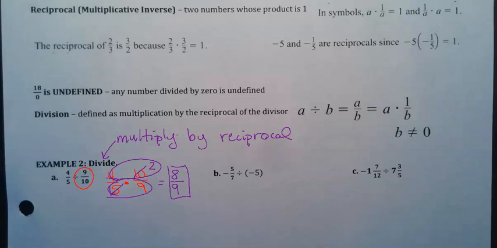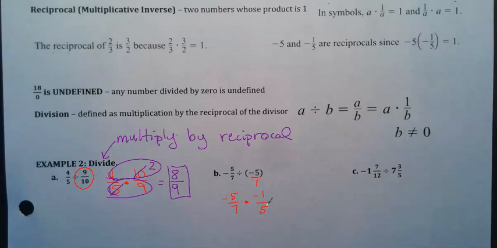If we look at B, we've got -5/7 divided by -5. Again, we can think about this as a fraction, so it makes it easier to change it to the reciprocal and multiply. So we're going to have -5/7 times the reciprocal, -1/5.